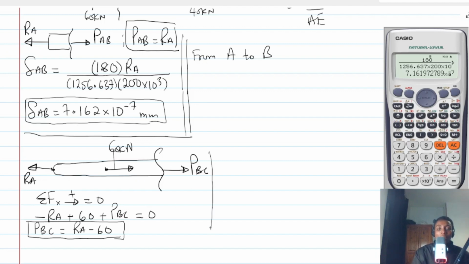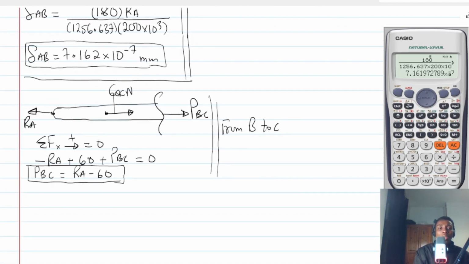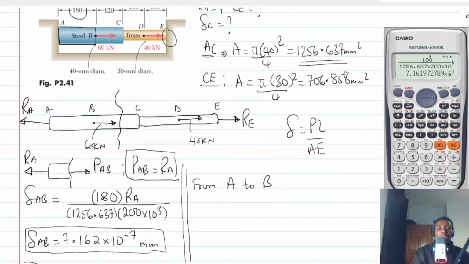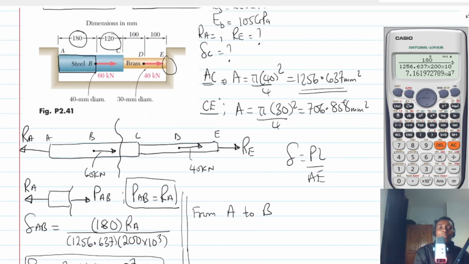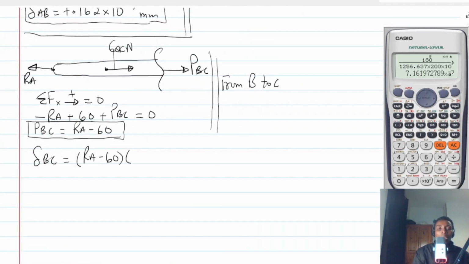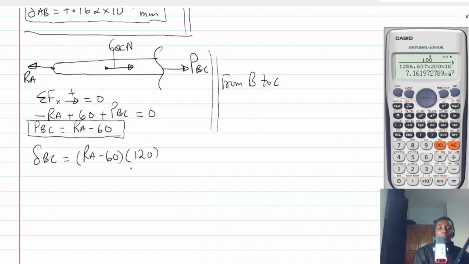Having known this, so we are doing from B to C, we can go ahead and say that the deflection in BC will be the load. Now the load is RA minus 60, right? Then we multiply by the length of BC. So what is the length of BC? 120 mm. Then I divide this by the area.